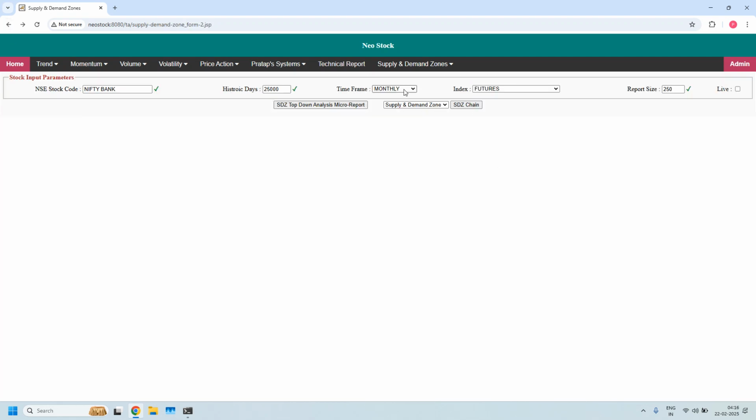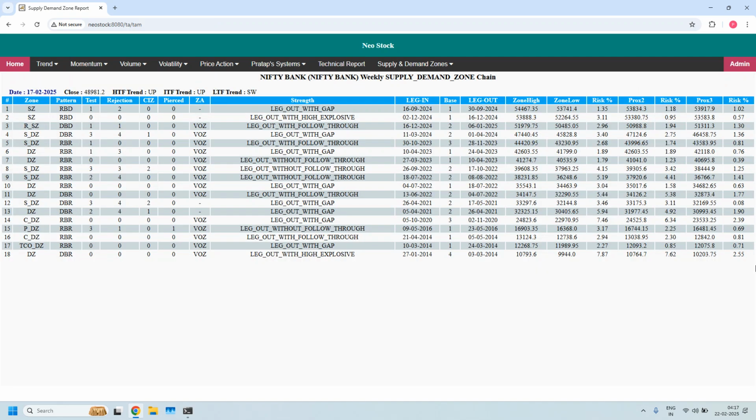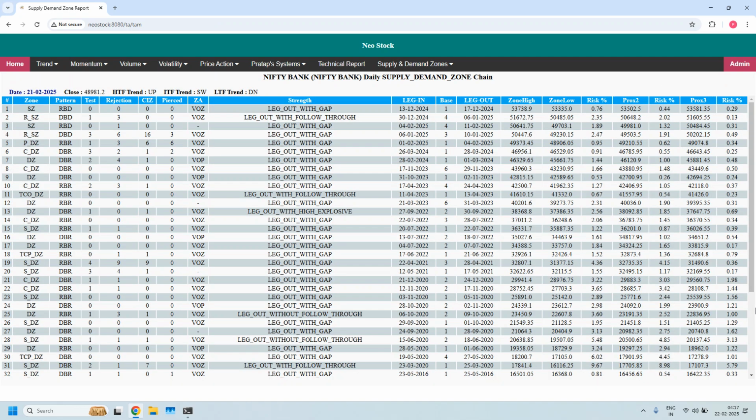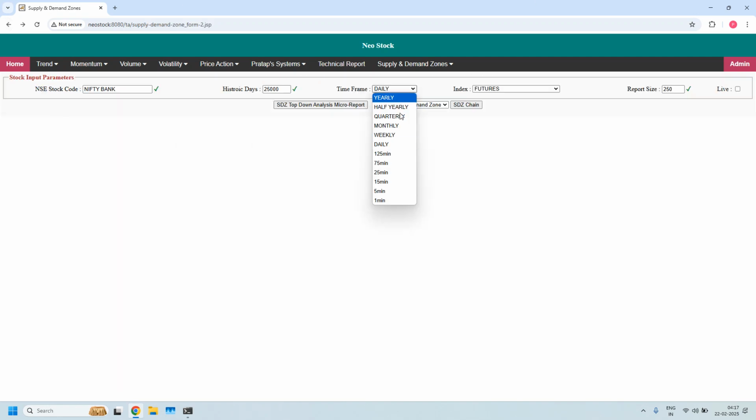Next, weekly supply demand zone chain for BANKNIFTY. Next, daily supply demand zone chain for BANKNIFTY. Next, 125-minute supply demand zone chain for BANKNIFTY.